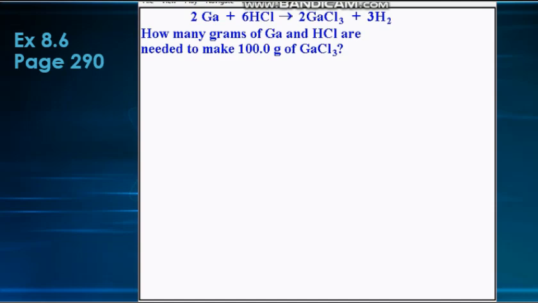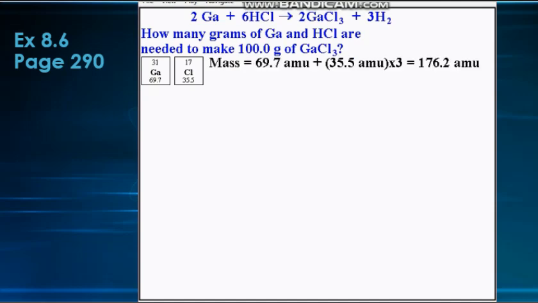GaCl3 has Ga and Cl in it. Here are the entries for Ga and Cl3 on the periodic chart. I can use those entries to calculate the mass of GaCl3. 1 Ga has a mass of 69.7 AMUs. 3 Cls have a mass of 35.5 times 3 AMUs. The total then, 176.2 AMUs.